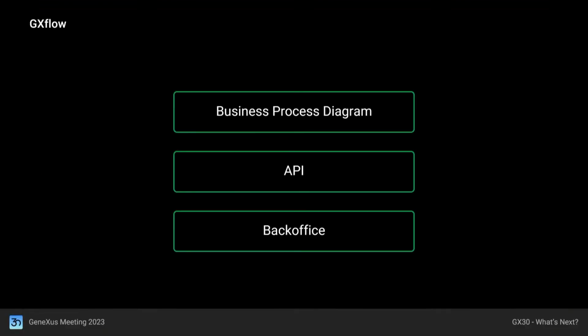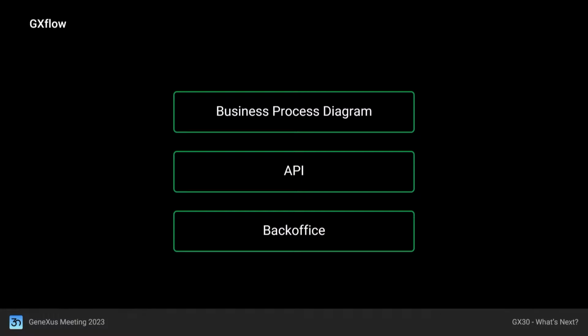Finally, I will talk about GXflow for business processes, to define the tasks that we have to organize and to be executed. And we have an object called business process diagram. You can use the same object as you have defined it, or if you want to define a new model, you can do that.